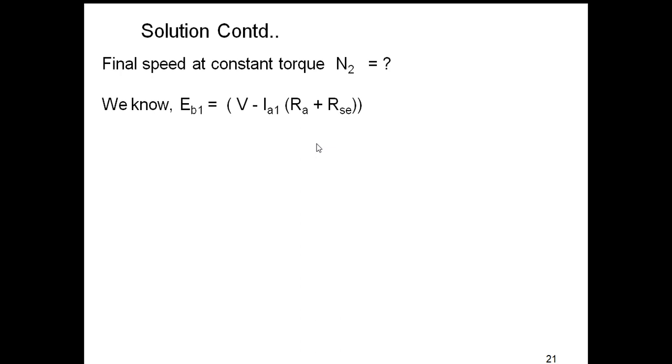We have written this as the total resistance RT. We substitute all the given values in this. We get 200 minus 25 into 0.2 plus 0.6. On solving that, we get the value as 180 volts.